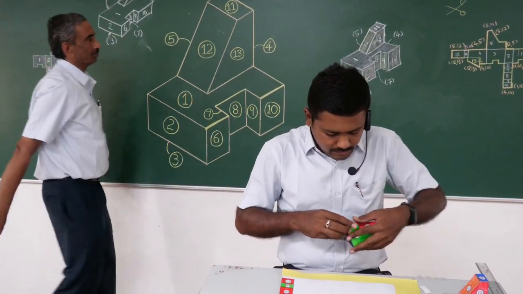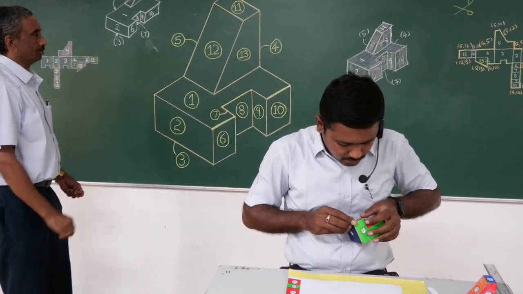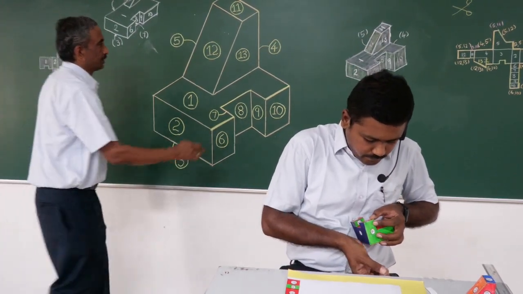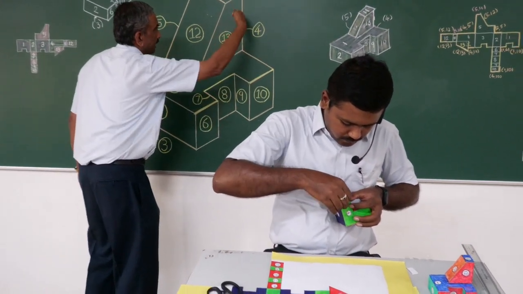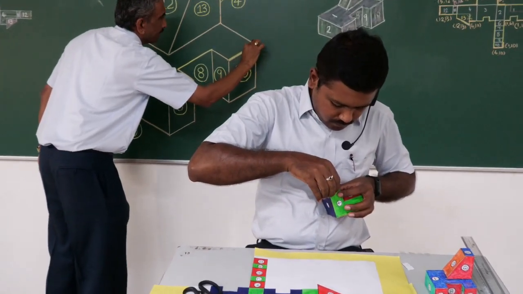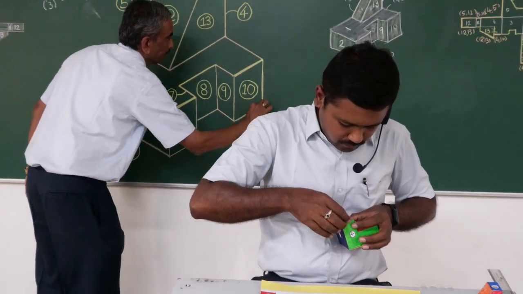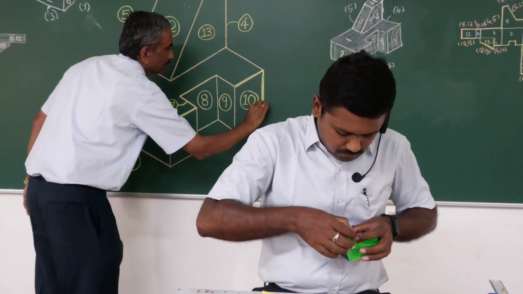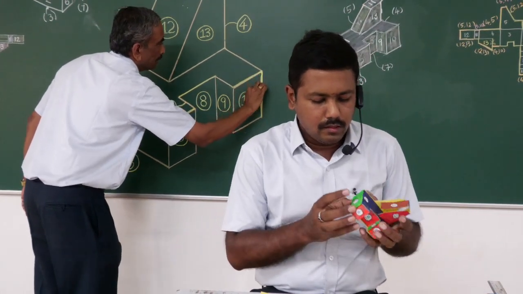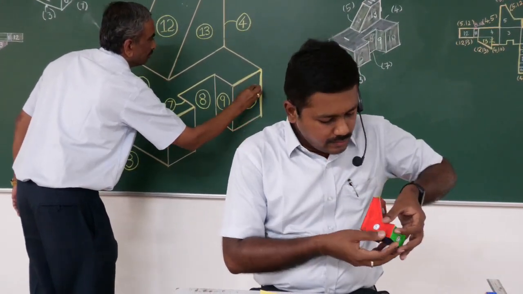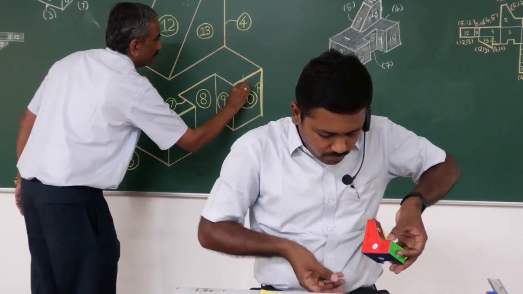Then I am going to paste the edge between 10 and 4. This is 10, that is 4, and this edge is getting pasted. Then I am going to paste the edge between 2 and 5.